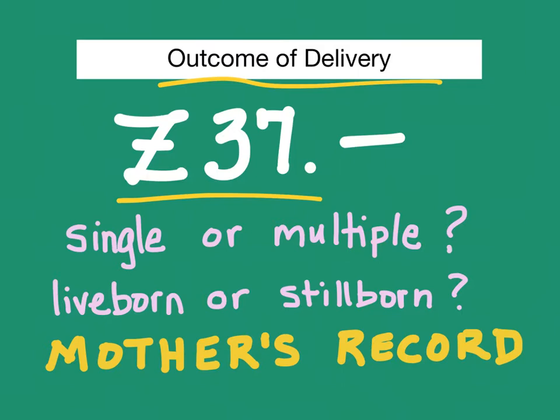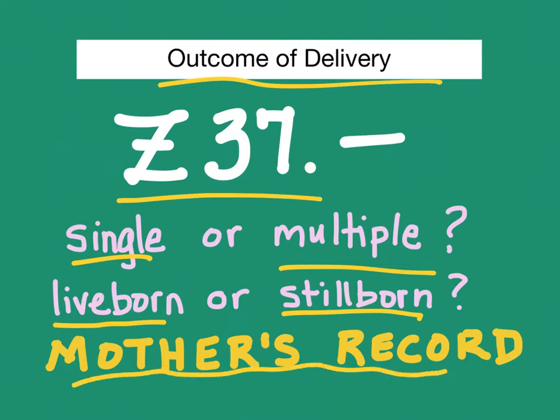Z37 codes are used to indicate whether the delivery was a single or multiple delivery, and also whether the delivery was of a live-born or stillborn infant or infants. These Z37 codes are only used within the mother's record. Very important. They are never posted to a newborn's record.